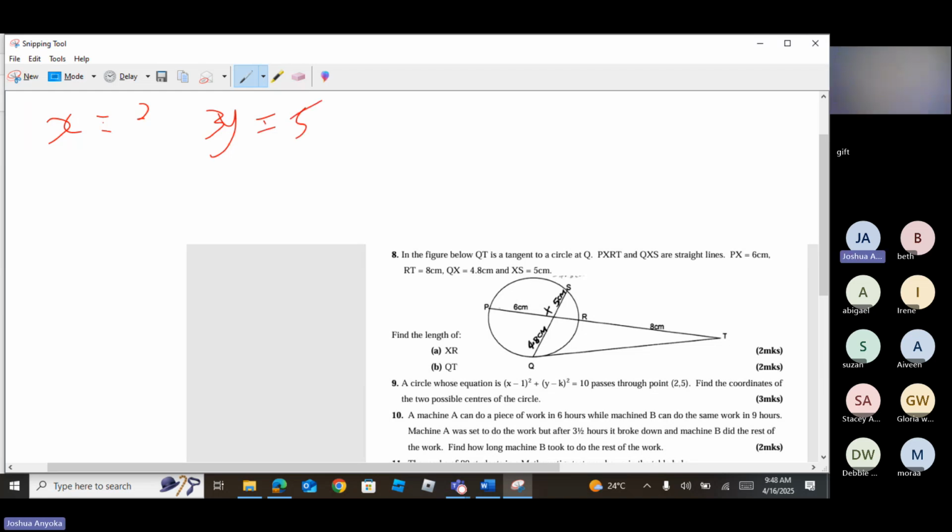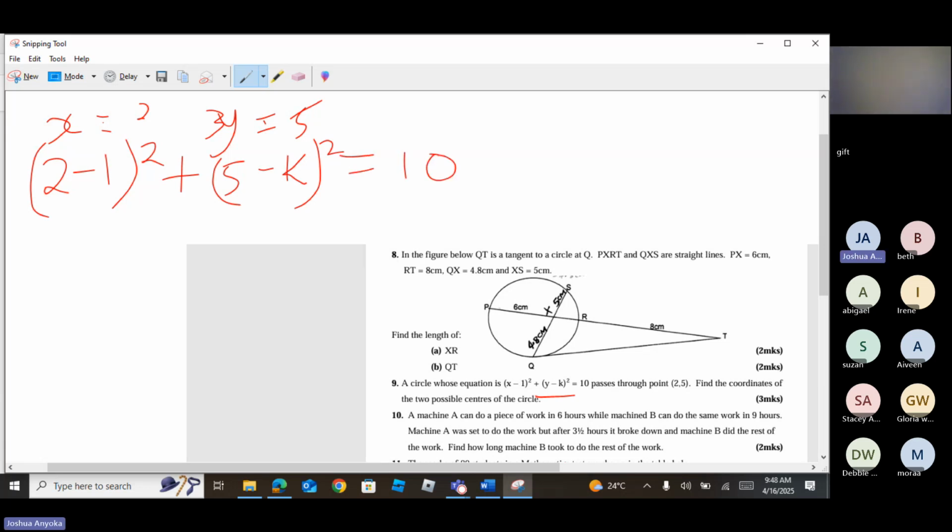It must add up to 10. So we are going to have 2 minus 1 squared plus y minus k, 5 minus k squared, equals 10.